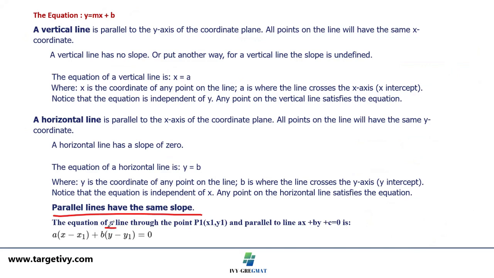So the equation of a line through a point P1, if it is parallel to this line, is A into x minus x1 plus B into y minus y1 is equal to 0. Though we do not come across this kind of situation in GRE or GMAT, still for honors, for the betterment of our understanding. Now this rise and run thing, let's understand what this is.